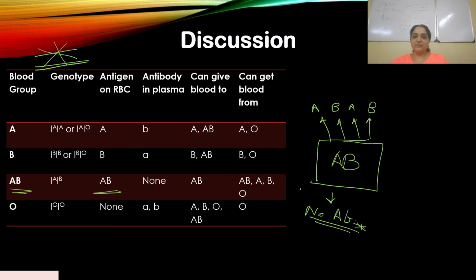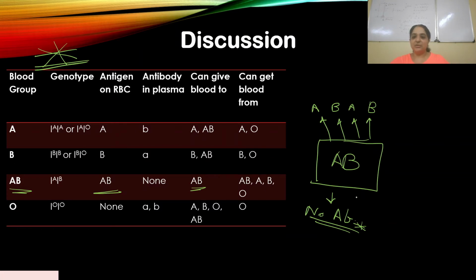So it can give blood to somebody who has blood group AB, and it can receive blood from people who have blood group AB, A, B, and O, because it has no antibody. So what happens if it receives blood from these people?